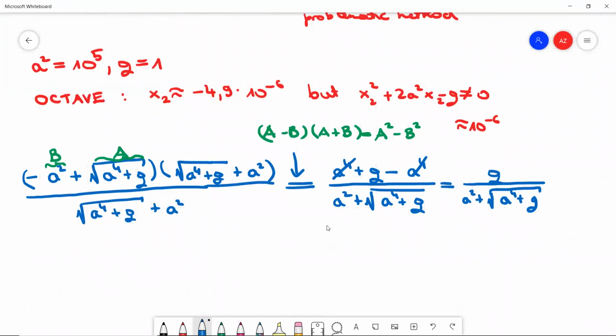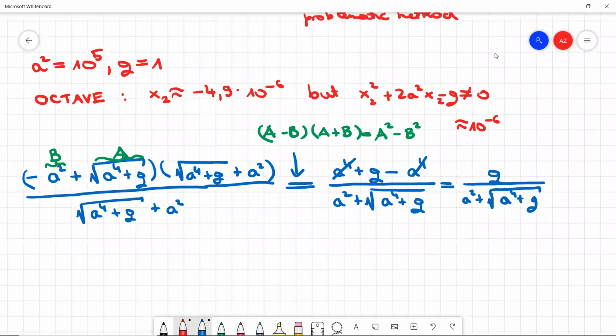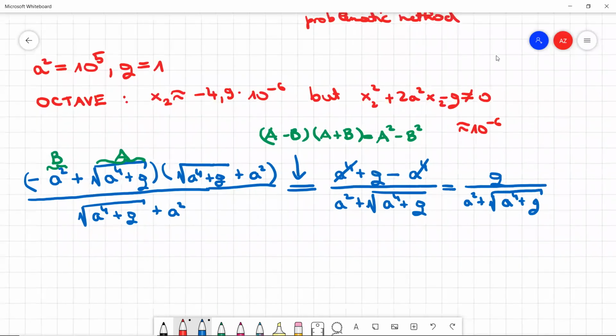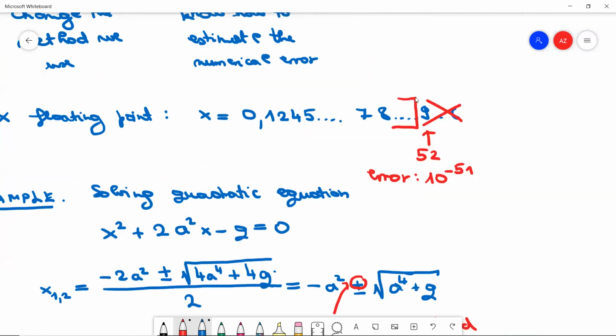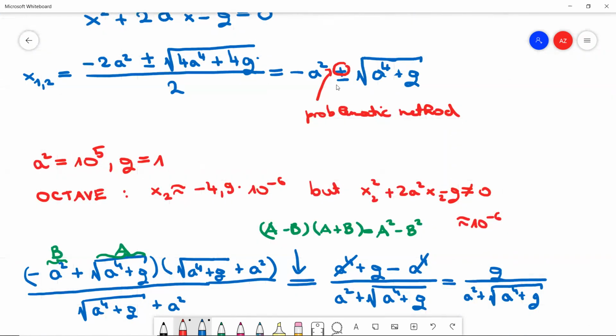So one question: the problem with the error we got here was basically the rounding of the numbers? Yeah, the problem was rounding of the numbers, yes. Because from somewhere on, the decimal places are neglected, and in the first method we had minus a squared plus almost a squared.